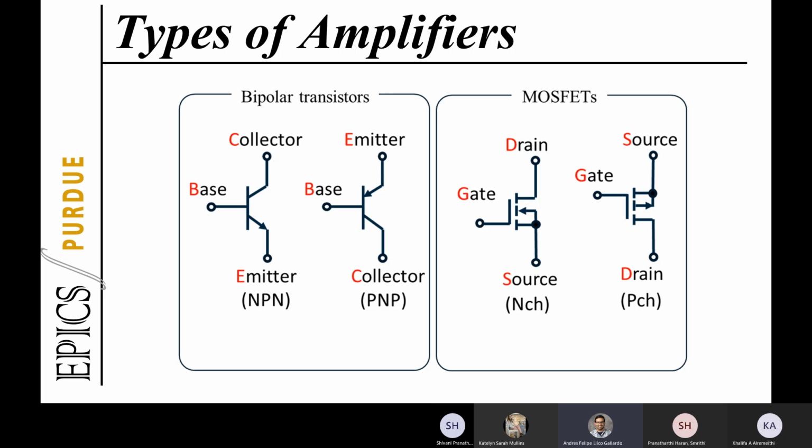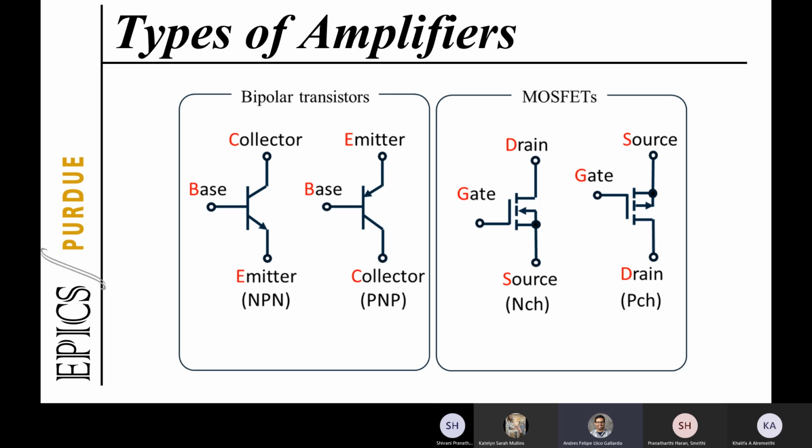Whenever you're looking for the actual components to make your circuit, for the symbol on the left you will want an NPN transistor, but for the symbol on the right, you want to pick up a PNP transistor. So they are different, and the same rule applies for MOSFETs.